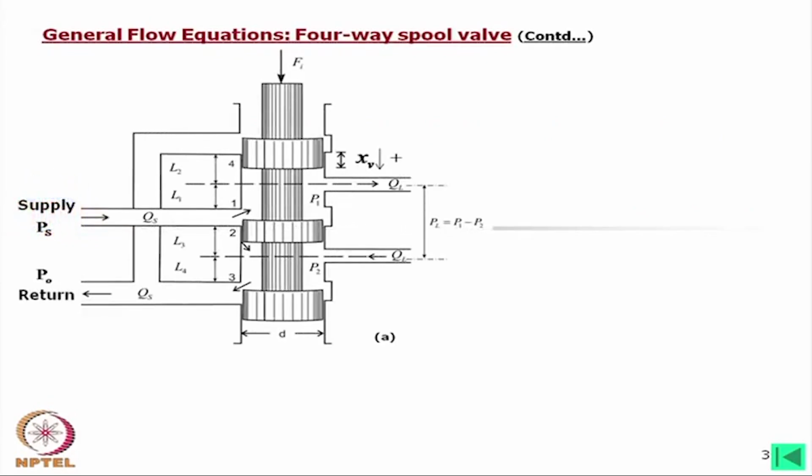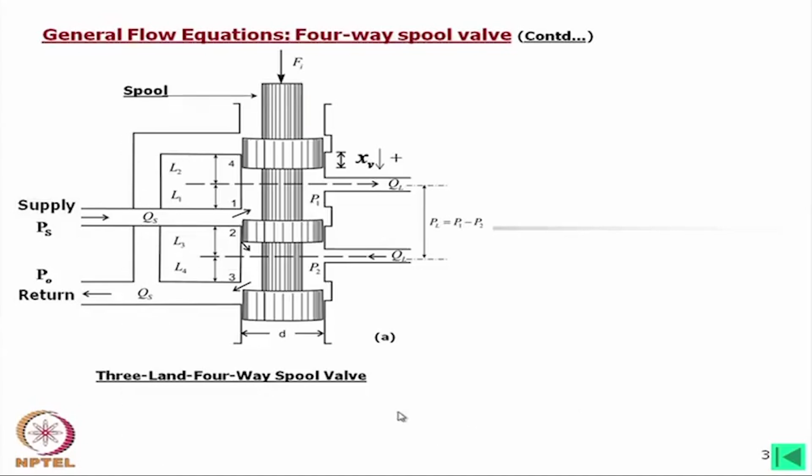Now, look at this figure. What we see is a 3-land 4-way spool valve.